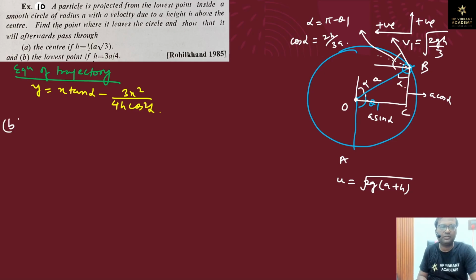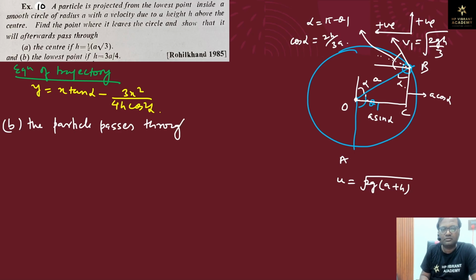So if it is passing through the lowest point, then our trajectory will be like this.